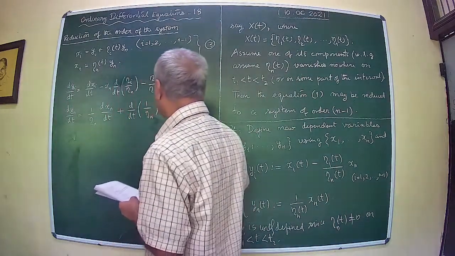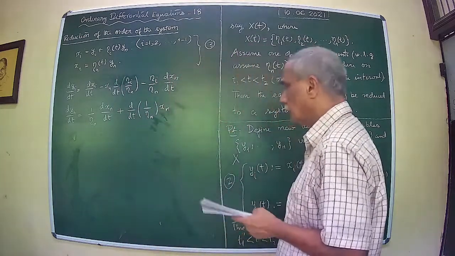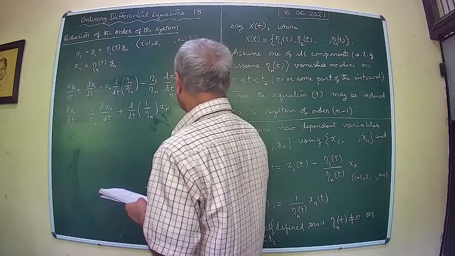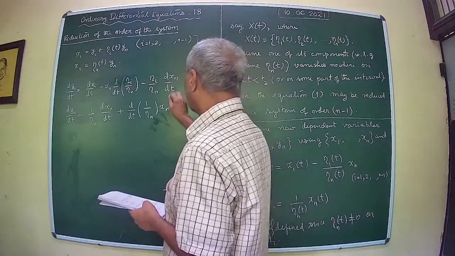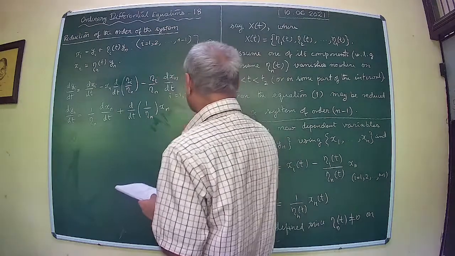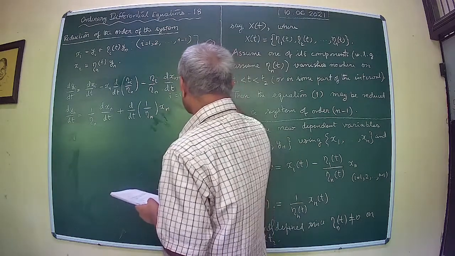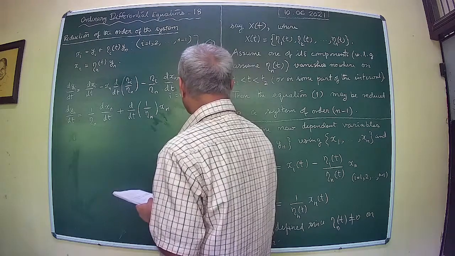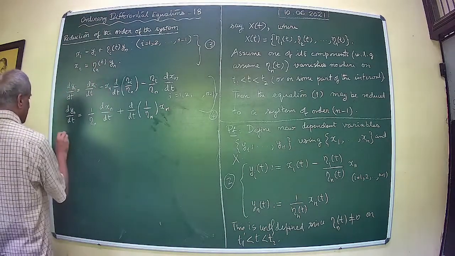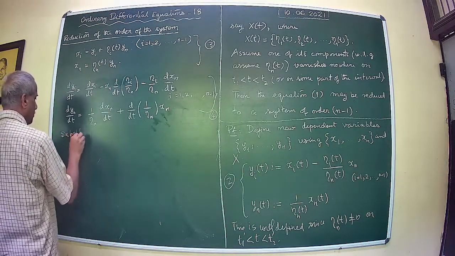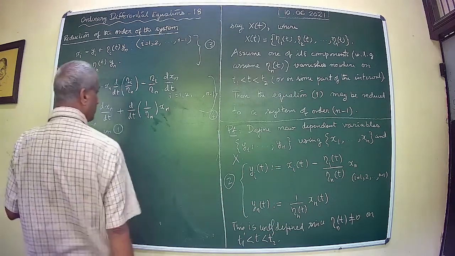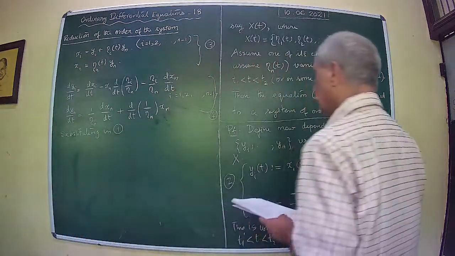In a specific problem we can actually work them out. So this is for i equal to 1 to n minus 1. So this you can mark as 3. Now substitute in 1, that's the original system that we started with.